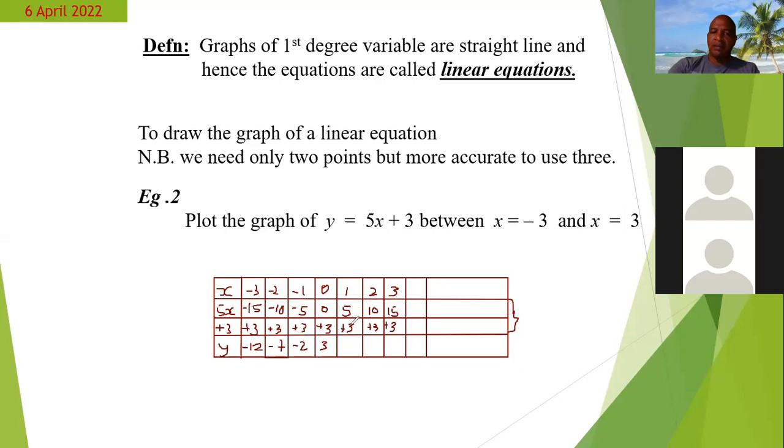We have 5 + 3, we get +8. And now we have 10 + 3, we get +13. And next we have 15 + 3, we get +18. All right, so those would give you all your values.